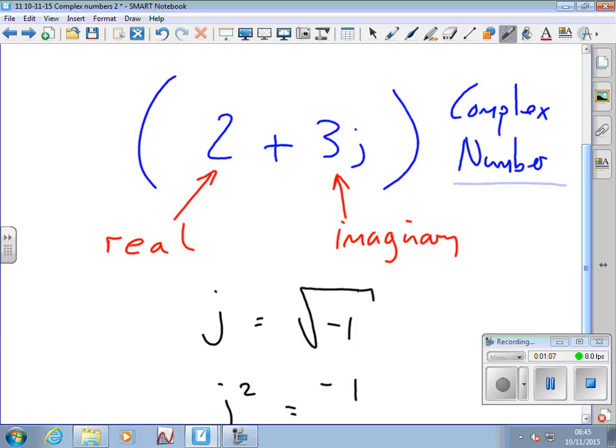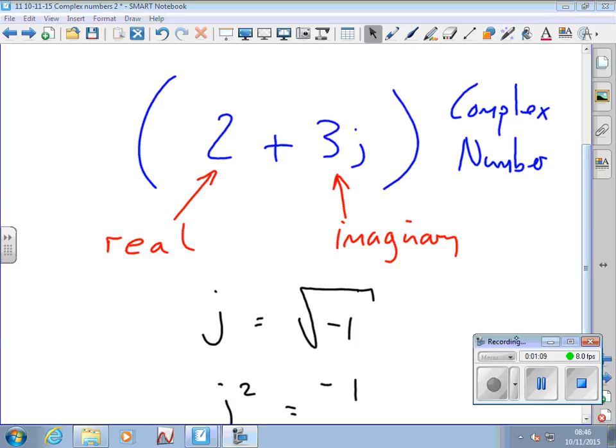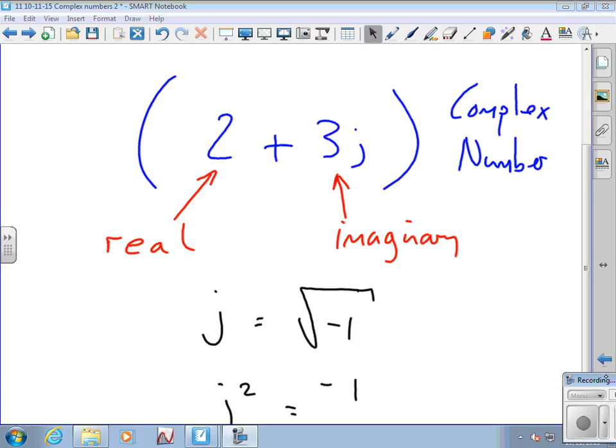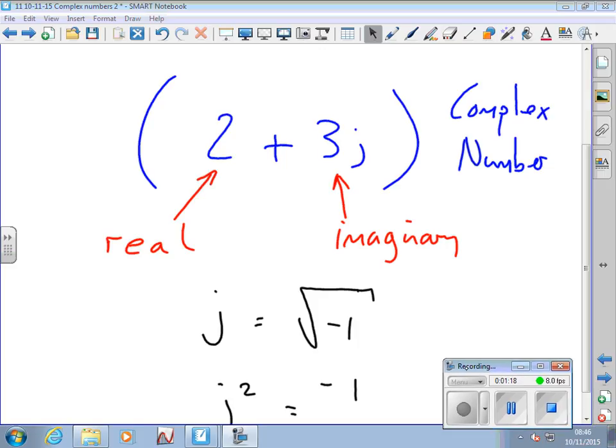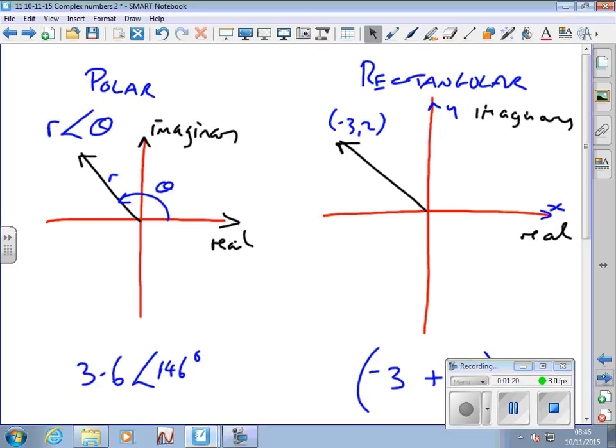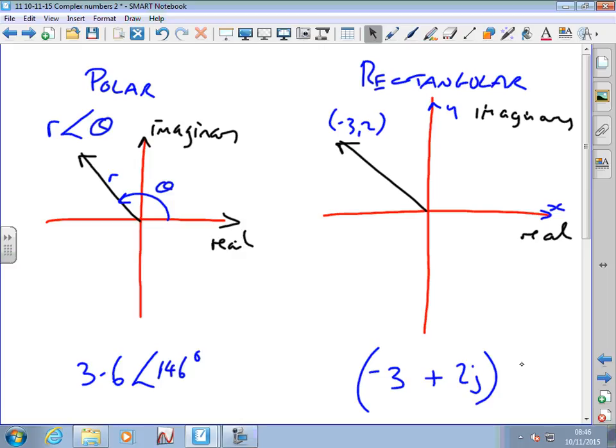So we looked at how to represent them, polar and rectangular coordinates.